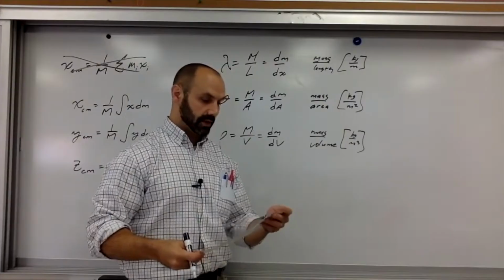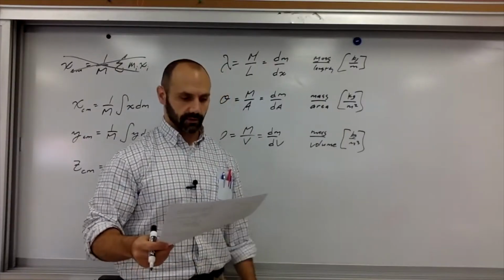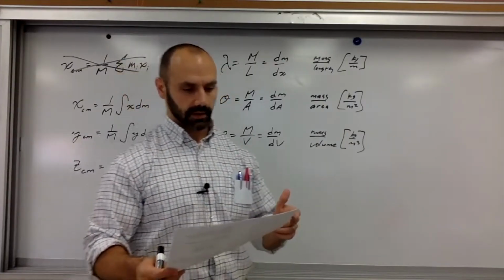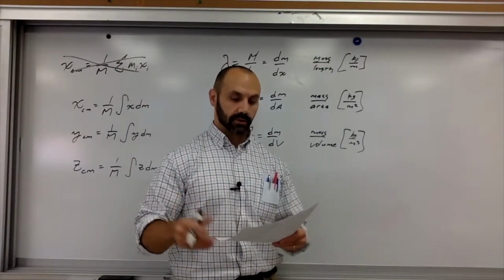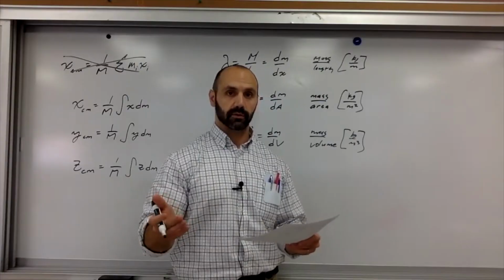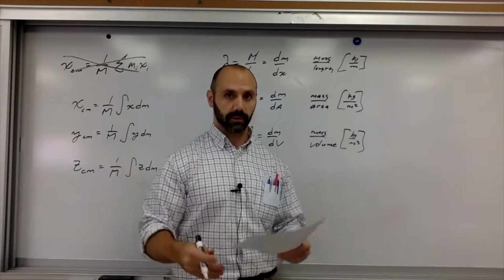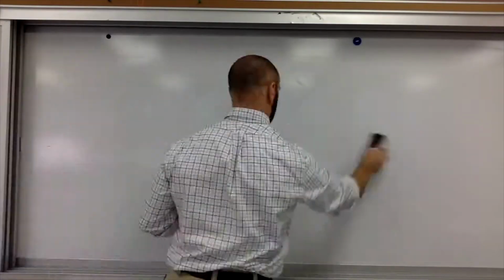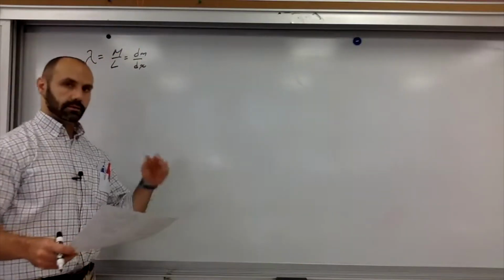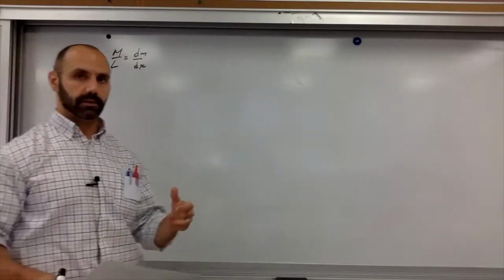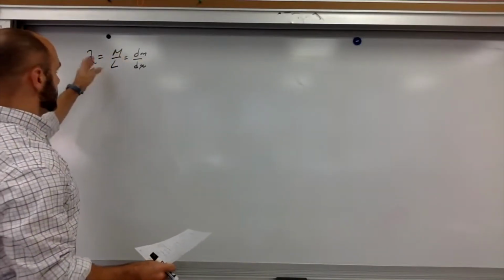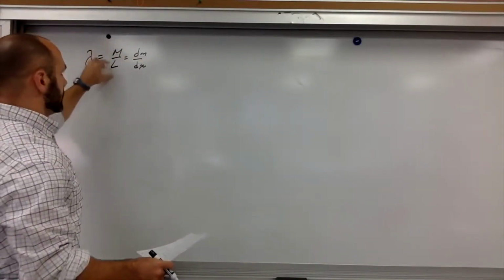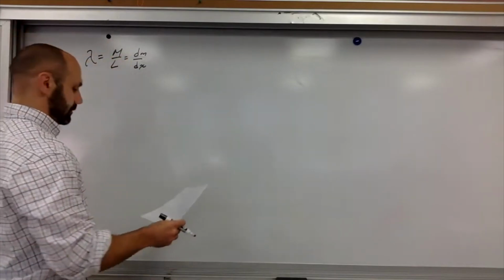Okay, so here we have one of these derivations. Here we're going to prove that the center of mass lies in the center of a uniform rod. So first we're working with a rod of uniform mass density. Since we're dealing with a rod, we're going to use the linear mass density formula. So linear mass density is big M over L, and that's equal to dm over dx.